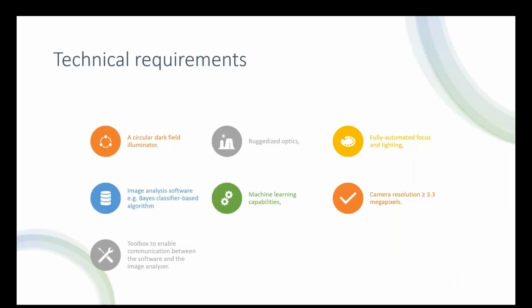So to achieve this, there's going to be a series of technical requirements that we'd also need to consider. We'd want to be looking for things like a circular dark field illuminator. We'd want to have a camera with good resolution, and generally the minimum is around 3.3 megapixels, and often we want to go for cameras with higher quality.